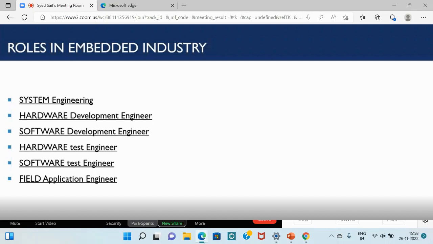By this, you try to solve some problems and develop some applications.